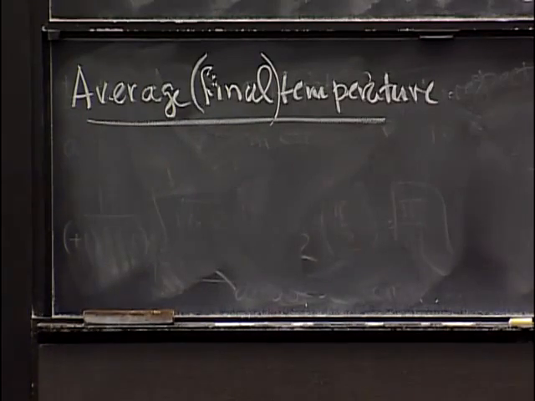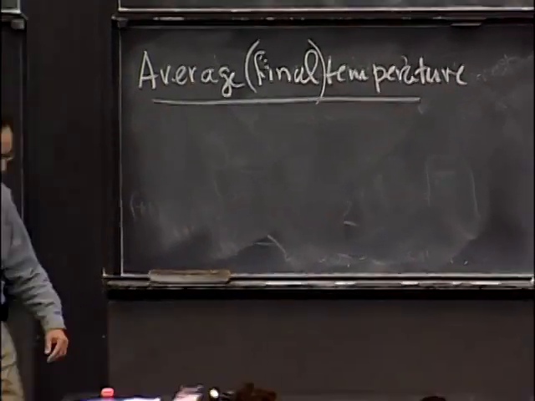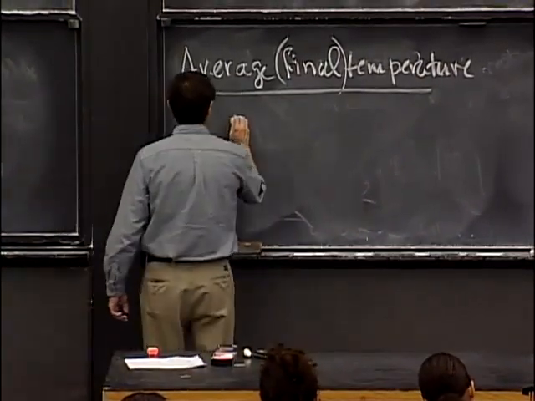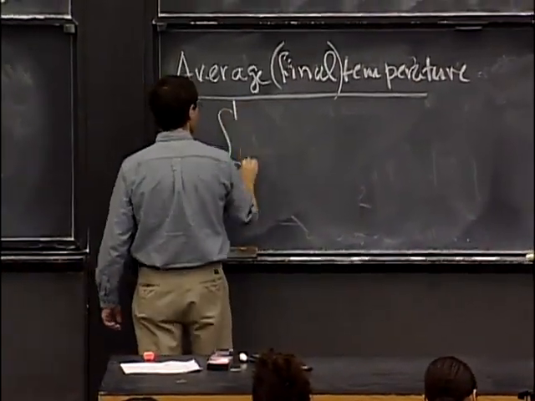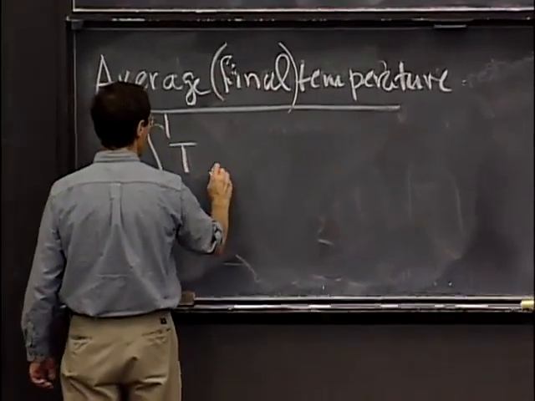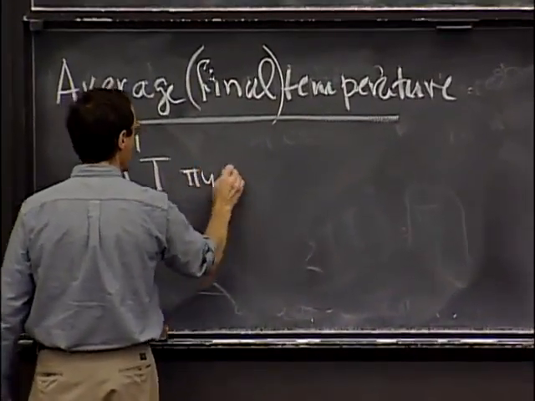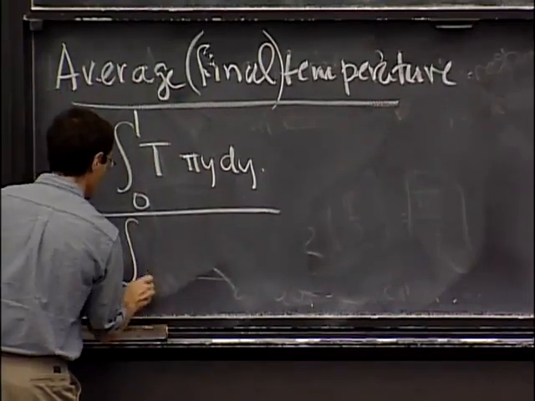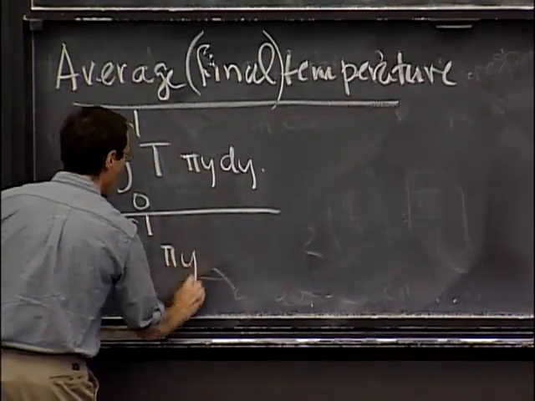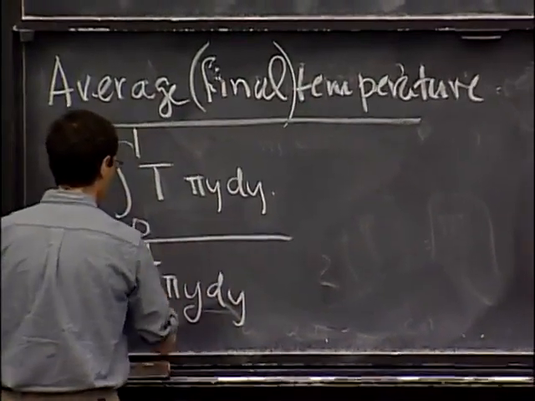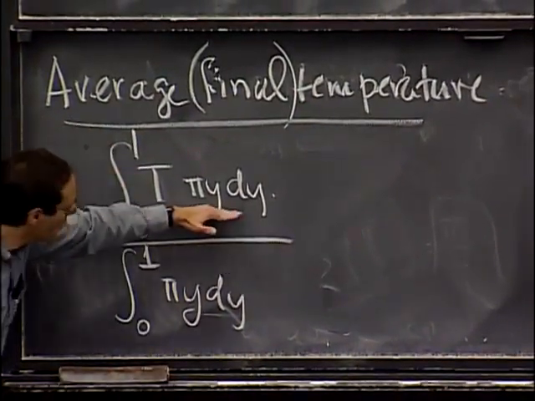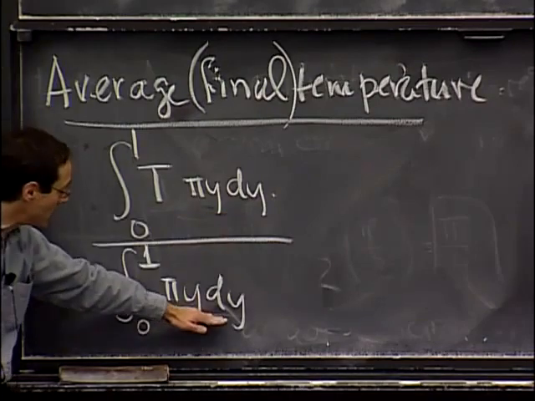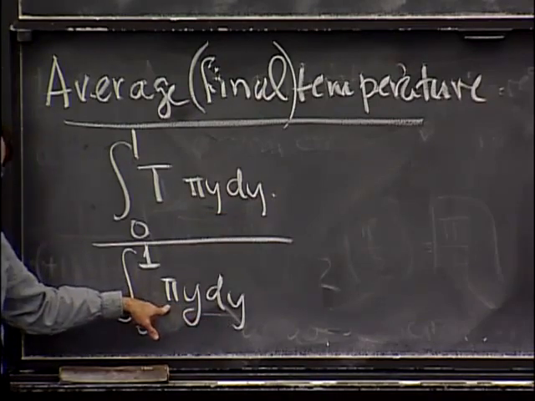The average final temperature is, individually the temperatures are different. And the answer here is it's the integral from 0 to 1 of t times pi y dy divided by the integral from 0 to 1 of pi y dy. So this is the total temperature weighted appropriately to the volume of water that's involved at that temperature divided by the total volume of water.